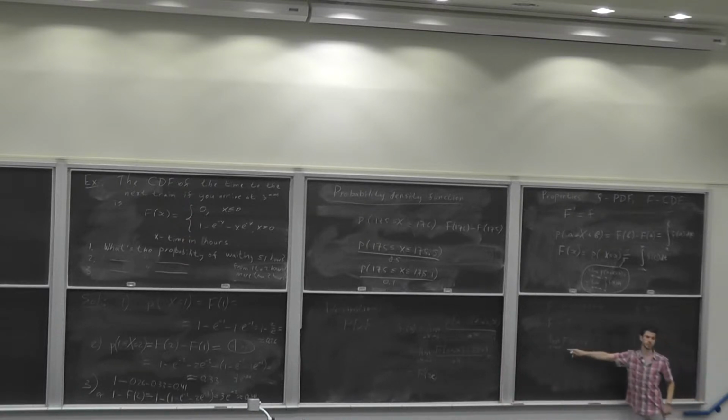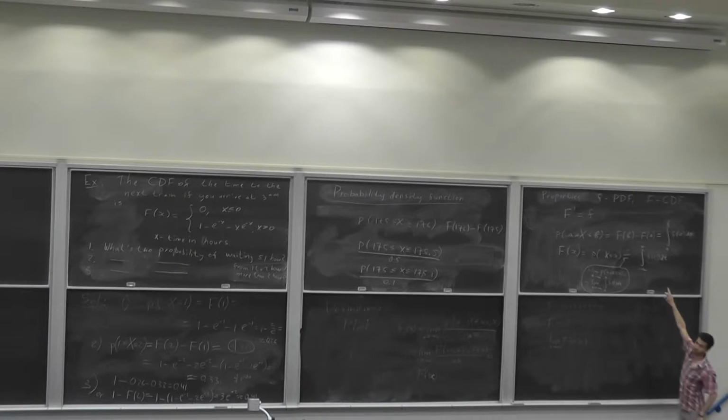What is this limit as x goes to infinity? It's the integral from minus infinity, and you make the upper limit go to plus infinity. So the overall area from minus infinity to infinity under the graph of the density function is 1.